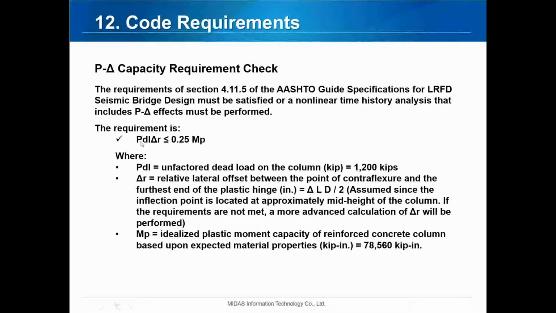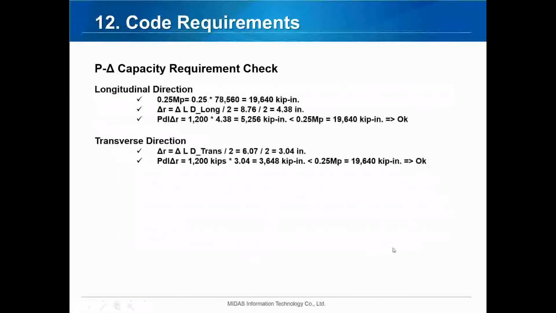For that requirement, we needed to satisfy this equation here, where the unfactored dead load of the column, which was about 1,200 kips, needed to be less than 25% of the idealized plastic moment capacity. And that, based on our column material properties that we computed with the section designer, was about 78,560 kip inches.